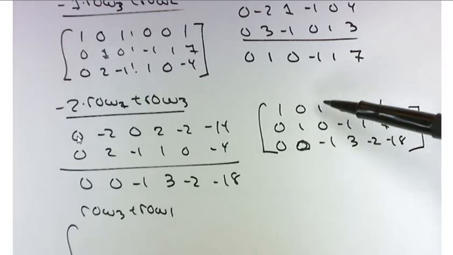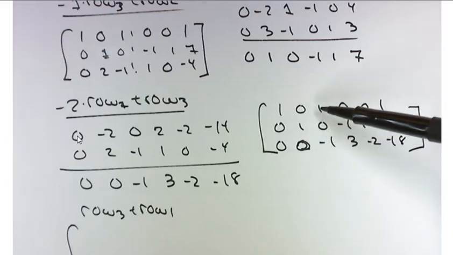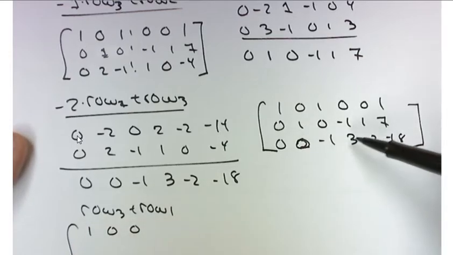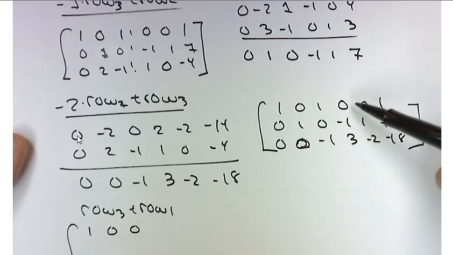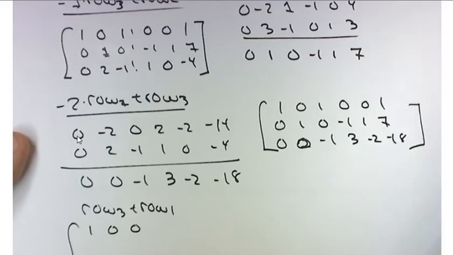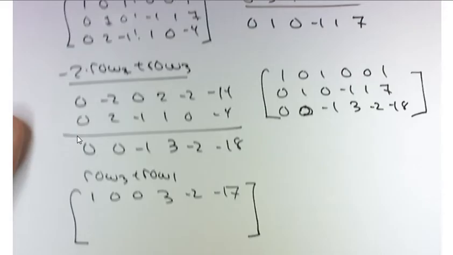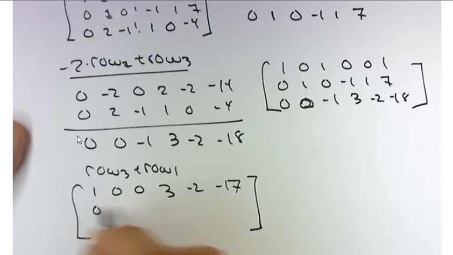The only thing that's going to change in the first part of this is that's going to be a 0. 1, 0, 0. And I'm just adding row 3 to row 1. So that makes this a 3, a negative 2, and a negative 17. Row 2 hasn't changed. It didn't need to change.